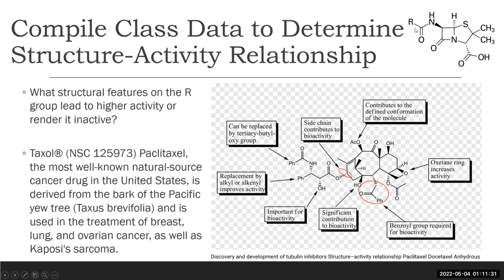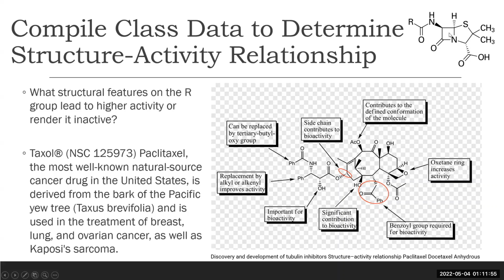So for penicillin analogs, there have been lots of structure-activity relationship studies done, such that they know that the stereochemistry at these two carbons, both hydrogens being back, is critical. The sulfur is actually not critical towards the activity, so it can be replaced with oxygen or even a methylene.